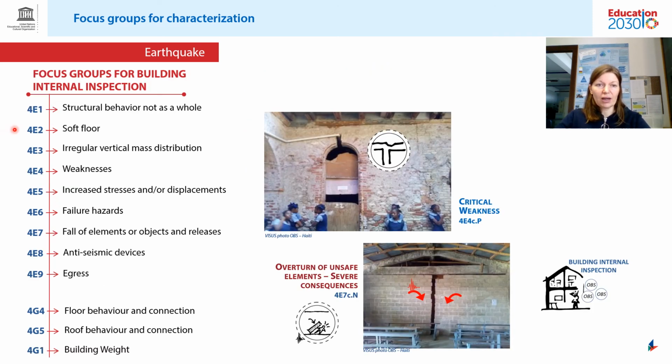Concerning the internal characterization, it is necessary to check if the structural behavior of the building is not as a whole, the presence of soft floor, the presence of irregularities in the vertical mass distribution, the weaknesses, the potential increased stress or displacements, the failure hazards, fall of elements, the presence of eventual anti-seismic devices that improve the performance of the building, and the egress from the building.